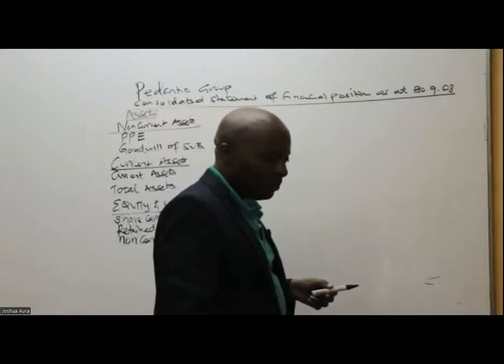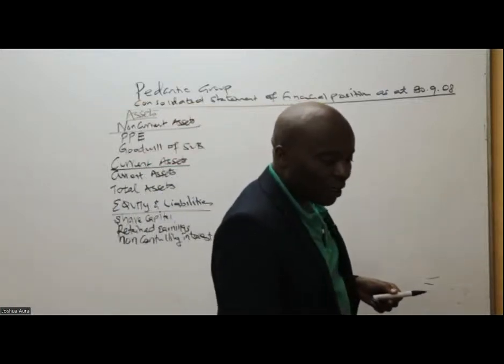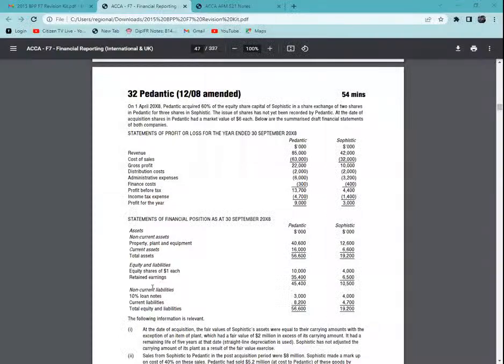So after equity, now you move on to the next thing here, retained earnings. Already I have that. So now I shall be able to go to the non-current liabilities.